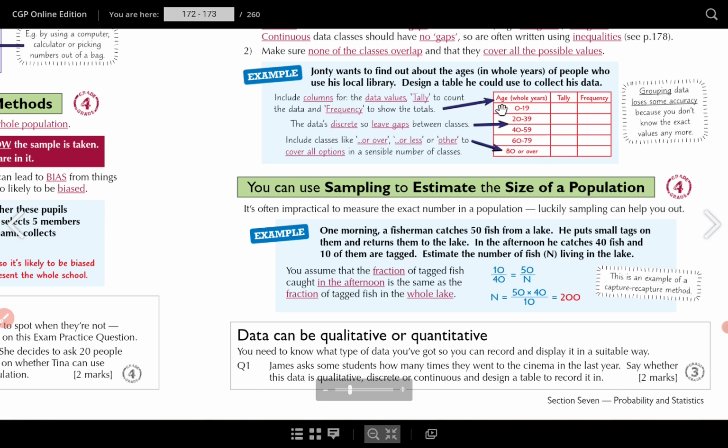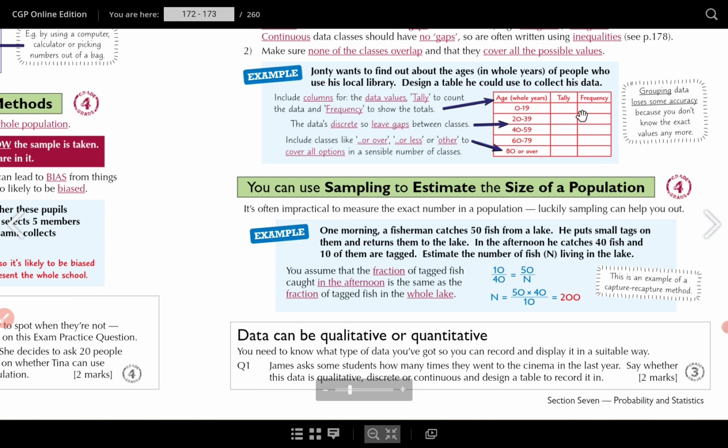So this is a good way of collecting information, and these we call classes. Okay, so in columns for the data values, tally to count the data, and frequency to show the totals.